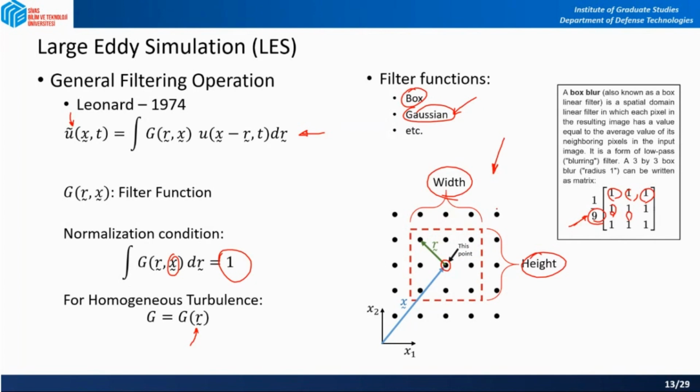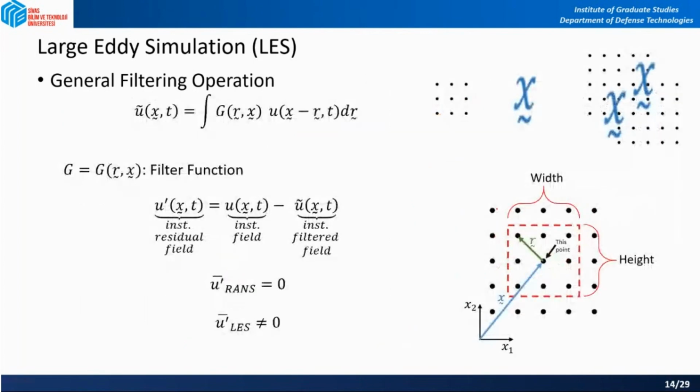So instead of 9 points, if you use a bigger filter, for example 5 by 5 or 7 by 7, I mean 25 or 49 points, you will lose more information. And this is actually a rough understanding of how we apply a filter function in large eddy simulation.